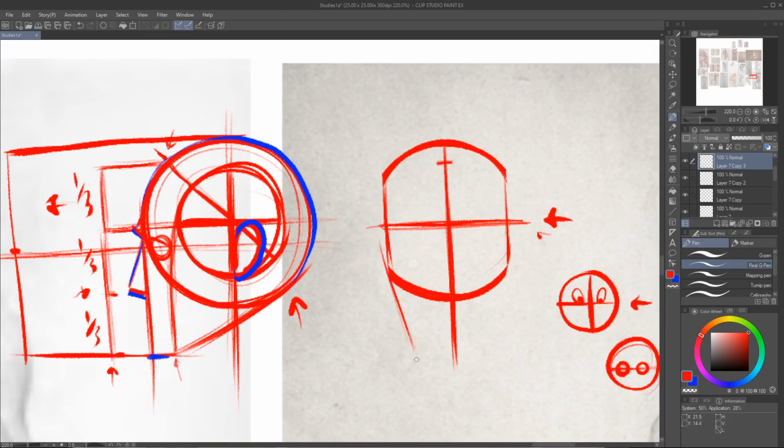So in front view, it's the same measurements. Since I took all those measurements, I can bring them over here. Now I'm going to have to adjust them because it's not exact to what I drew on the left. But it's the same idea.